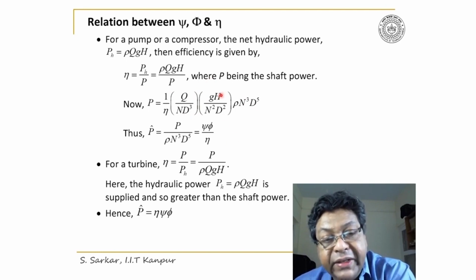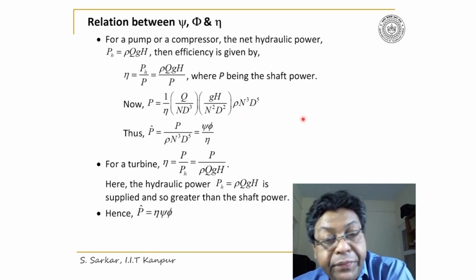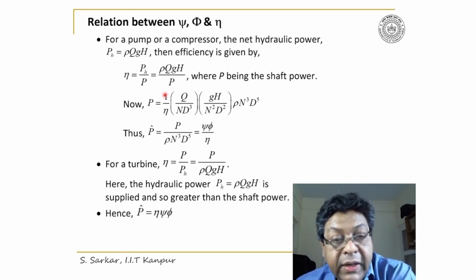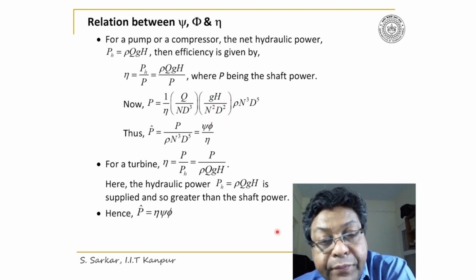and then another bracket gH divided by N squared D squared, and then multiply by rho N cubed D to the power 5. Now if you remember, this Q divided by N D cubed is nothing but phi, the flow coefficient, and this group gH by N squared D squared is nothing but xi.